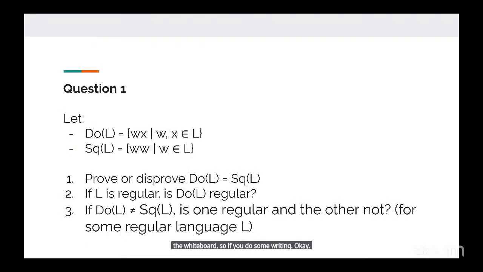I think the microphones have to change though. Yep, audio should be working. Just checking, 1 2 3, 1 2 3. I think it should be working.